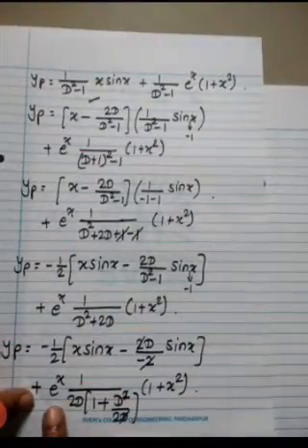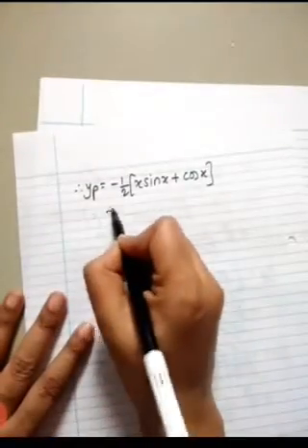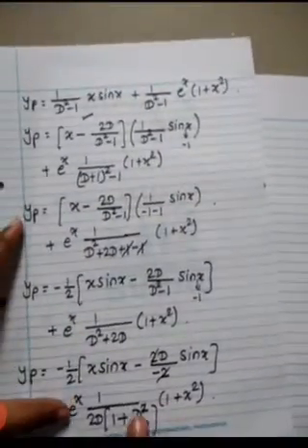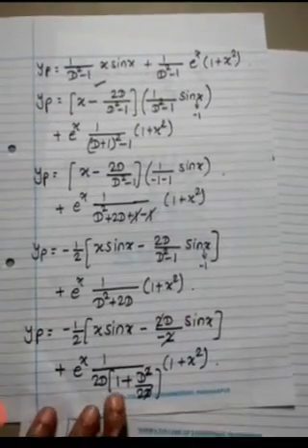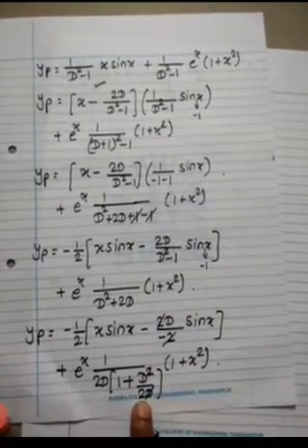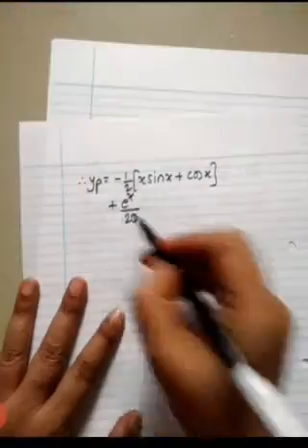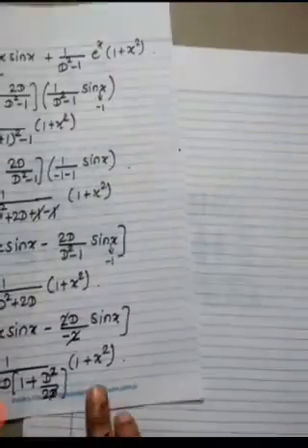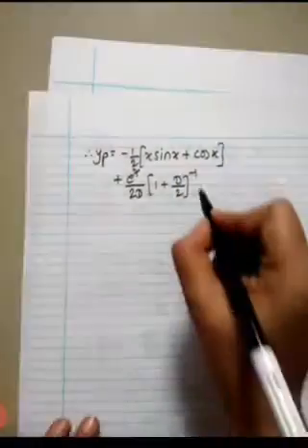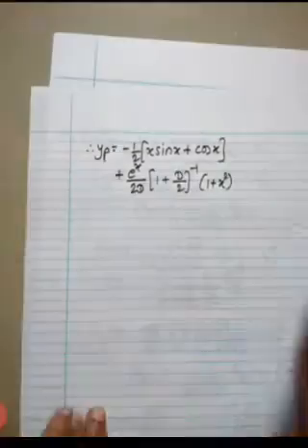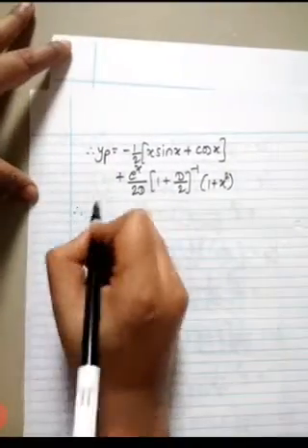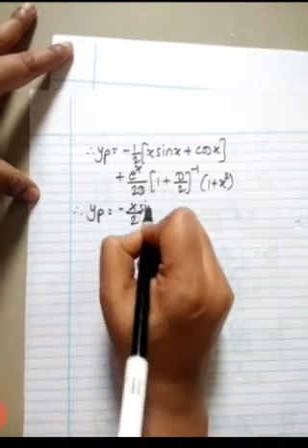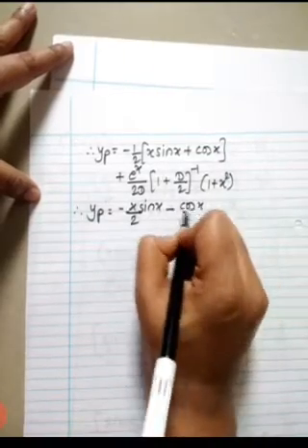Now this e raised to x upon 2d into, this will go to the numerator with inverse. So it is 1 plus d by 2 inverse, 1d is cancelled already, into what is our function? 1 plus x square. Therefore yp is minus x by 2 sin x minus cos x by 2.